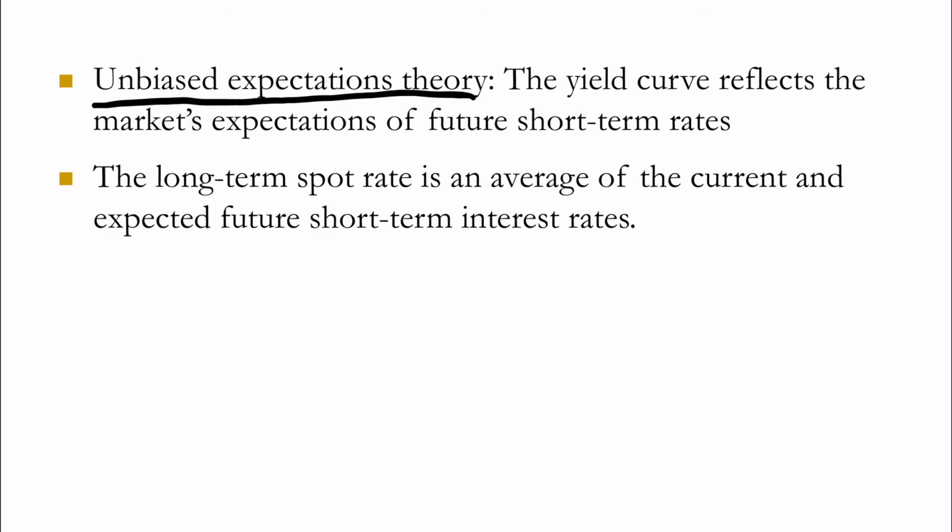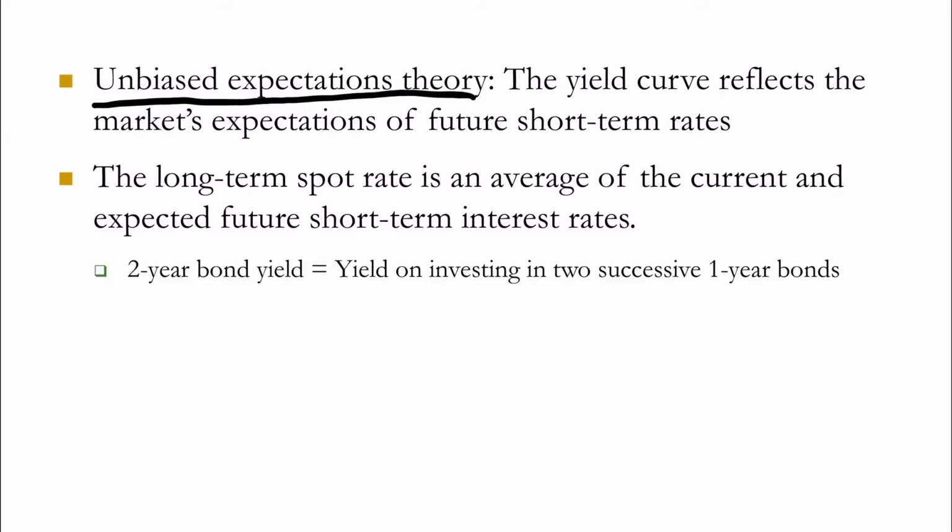This unbiased expectations theory, as an example, says that the long-term spot rate, so the rate 2 years from now in our example, is an average of the current and expected future short-term interest rates. As I said, a 2-year bond is what we're analyzing here. Using the unbiased expectations theory, the 2-year bond yield would be the yield on investing in 2 successive 1-year bonds.